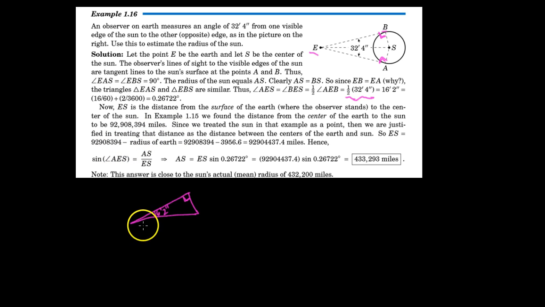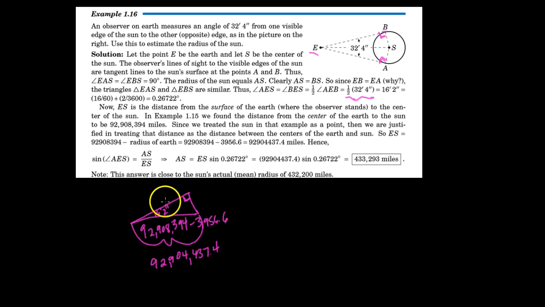So what this length is, is 92,908,394 minus 3,956. So be sure to do that when you do your problem as well. So this side right here, this length, is 92,904,437.4 miles.